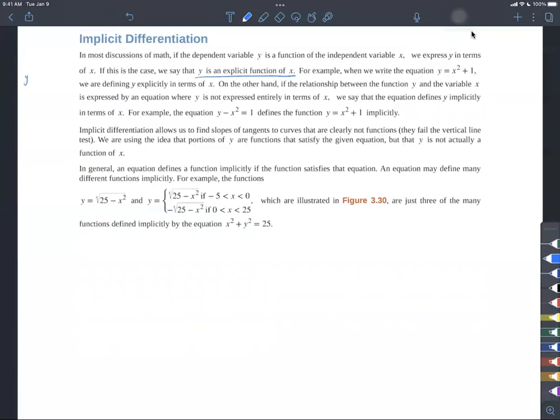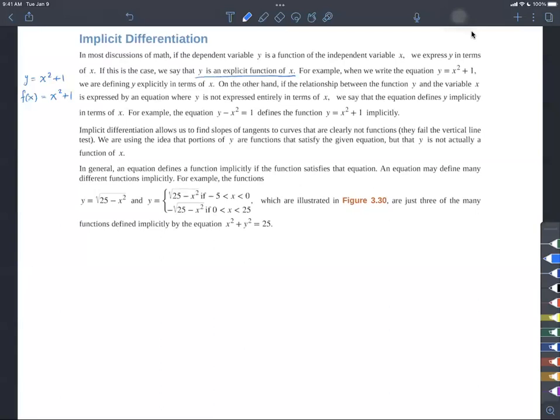A lot of times we'll write that as f of x equals x squared plus 1. Y is being written as a function in terms of x, so y can be written as a function of x and only x.